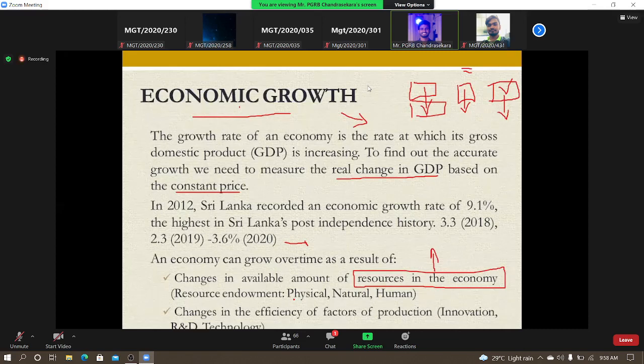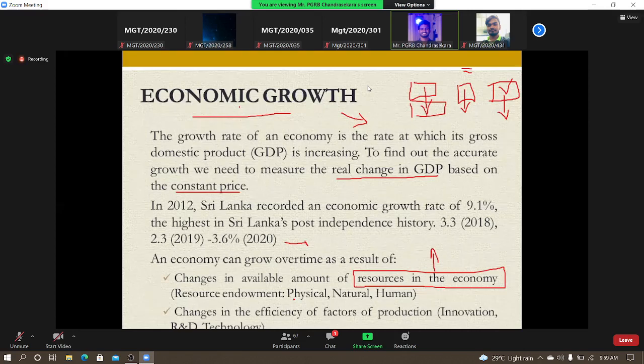And also we can change the efficiency of the factors of production. Change the efficiency through different kinds of innovations, through different kinds of usage of technological advancements. By increasing research and development, we can do that.